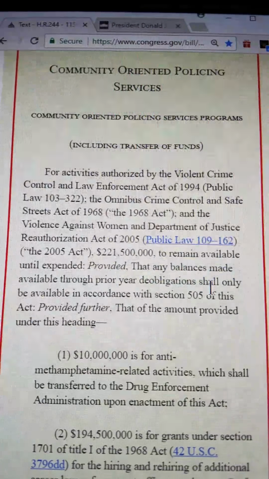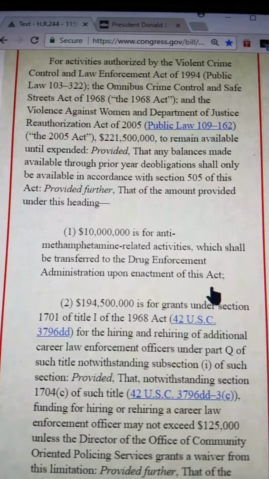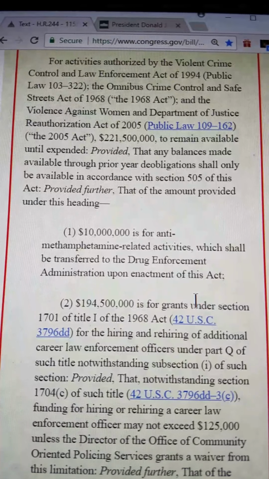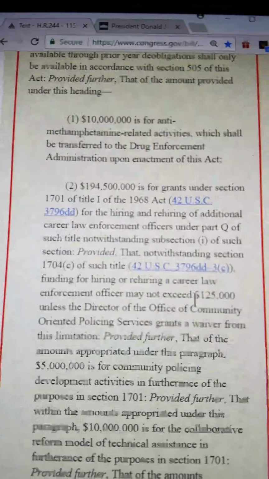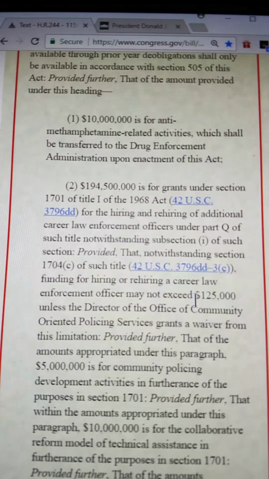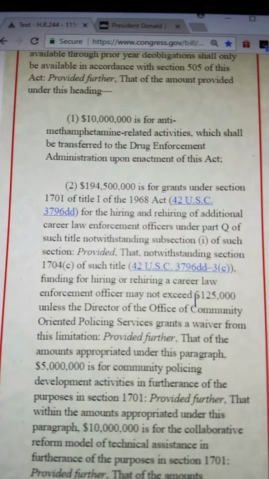I've always said that this is the most inhumane, horrific piece of legislation that any human has ever written. And I'm just not understanding this. I'm not understanding how members of Congress are allowing this to happen.